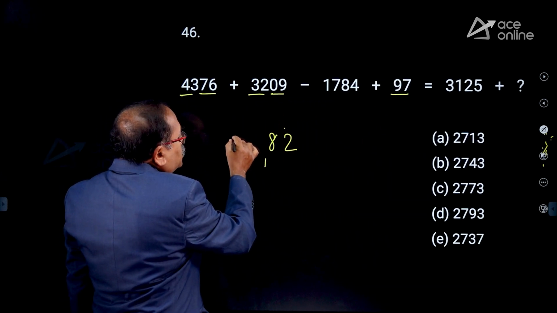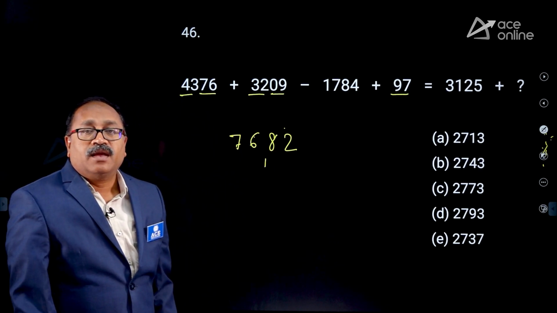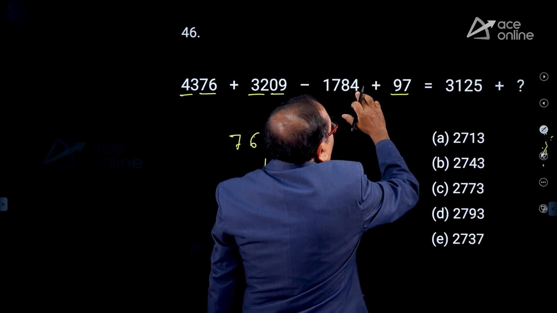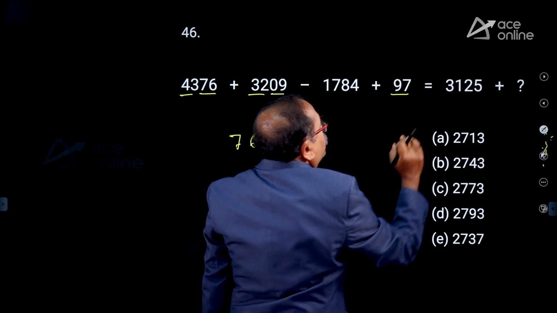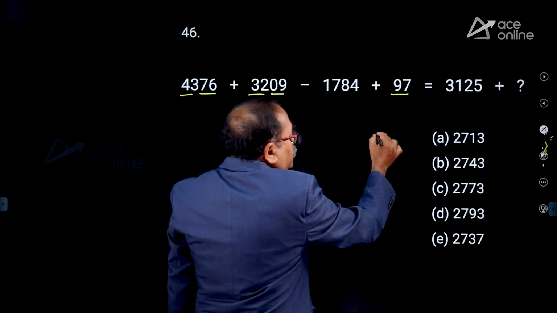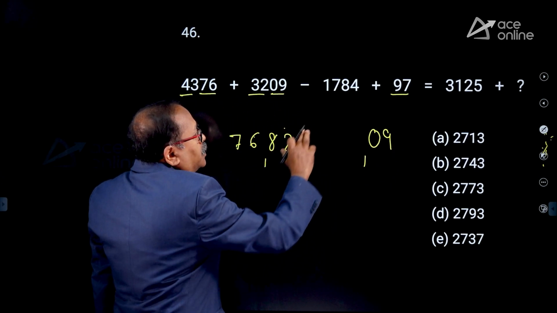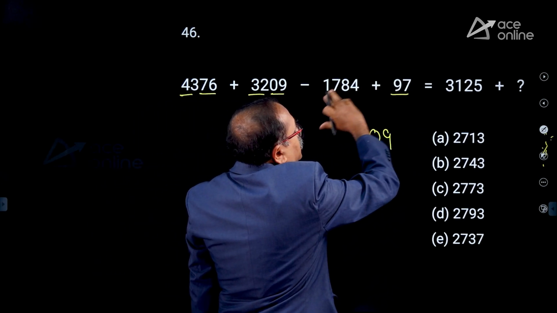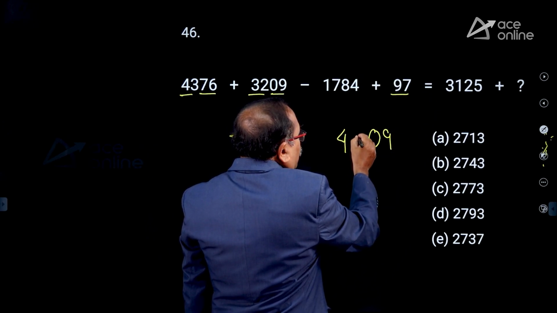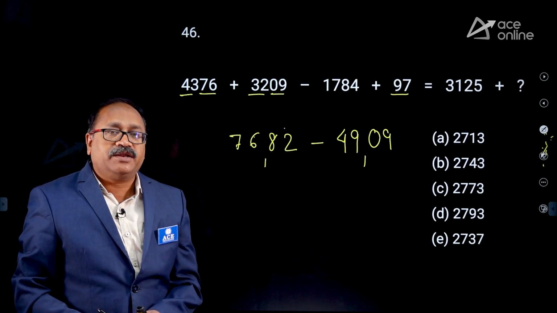So 75 plus 1, it comes 76. And from this number, I need to subtract the sum of these two numbers, which is 84 plus 20, 104 plus 5, 109. So take that 09 over here and carry 1 will be there. And the next one, that is 17 plus 30 is 47, and 48 plus 1, which is 49. I need to subtract these two, and my answer will be ready.